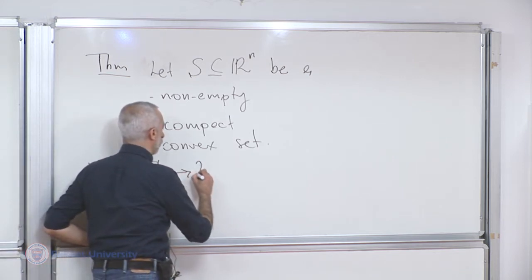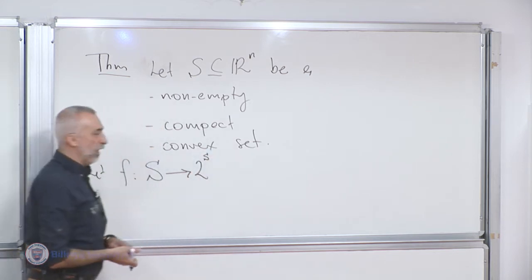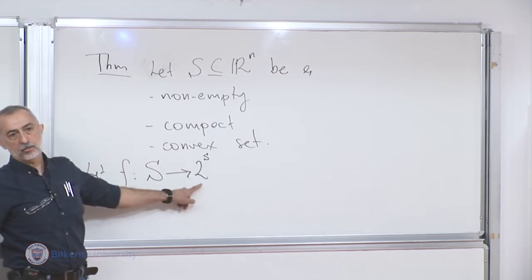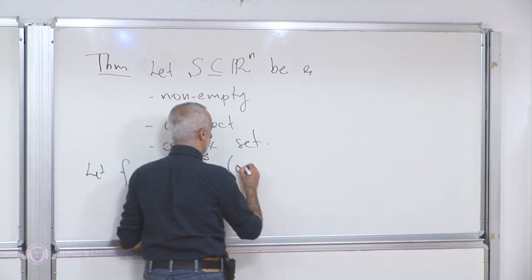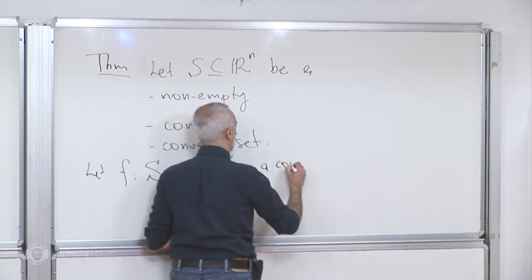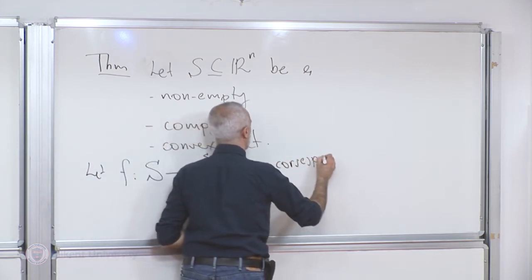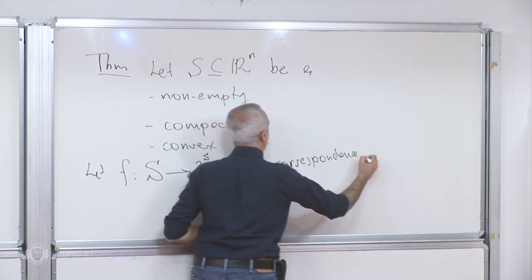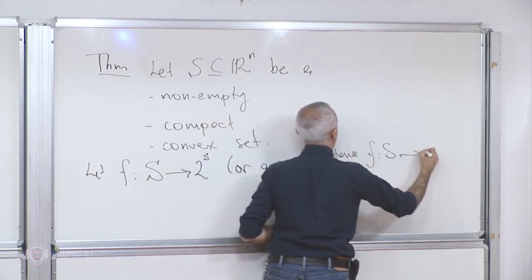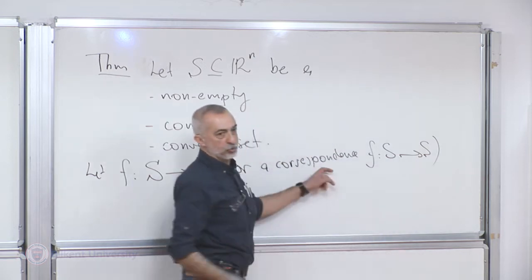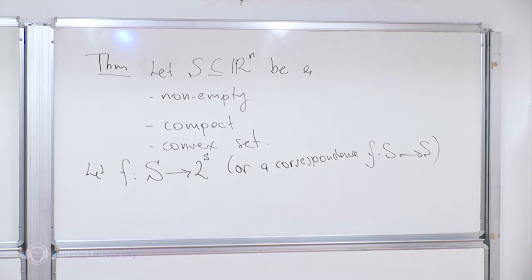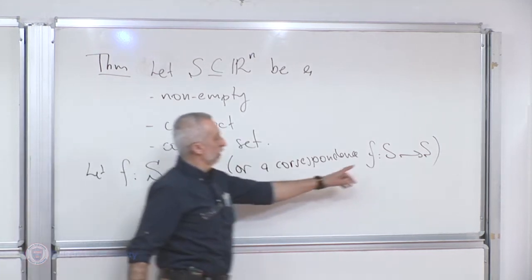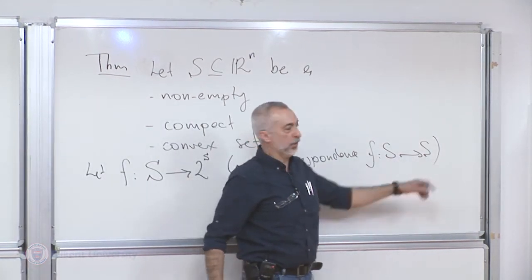So in function notation, it's a mapping from S to subsets of S, or a correspondence F from S to S. So when we say correspondence, what we mean is the image of every element in the domain is a subset of the range, okay?